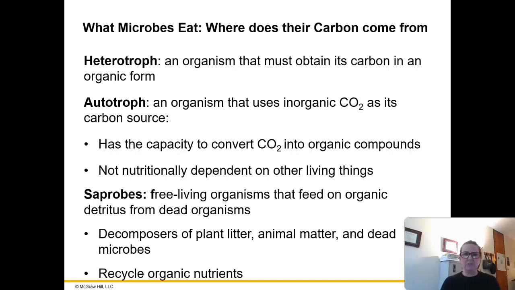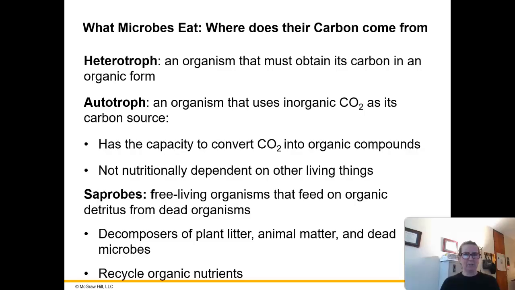You've got leaves, dead, broken up parts of pill bugs and grasshoppers and twigs and maybe some decaying fungi and so on. So when we think about saprobes, they are essentially the decomposers of plant litter, animal matter, so leftover parts like tendons and ligaments and of course fecal material. And then saprobes are feeding off of dead microorganisms.